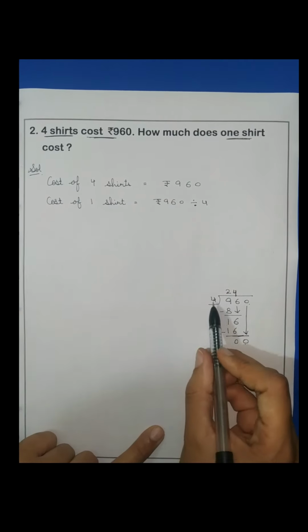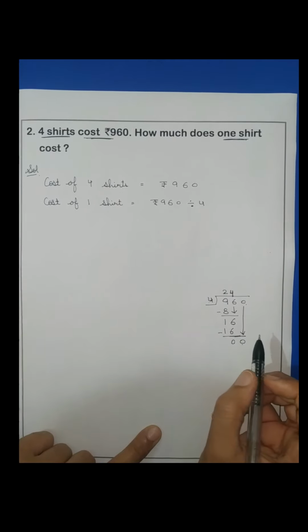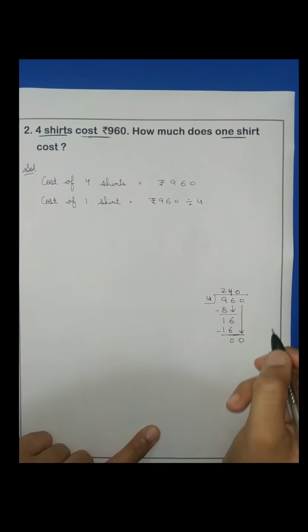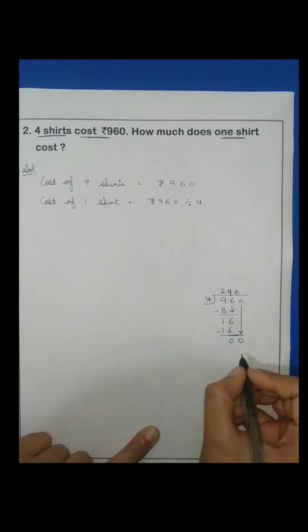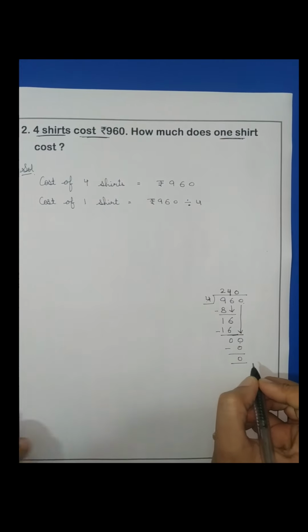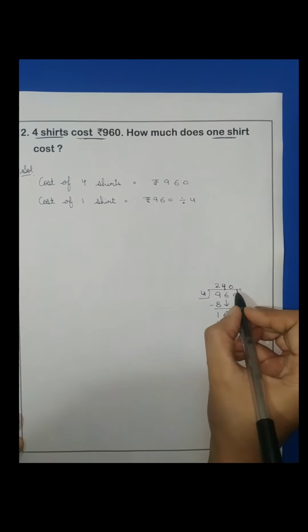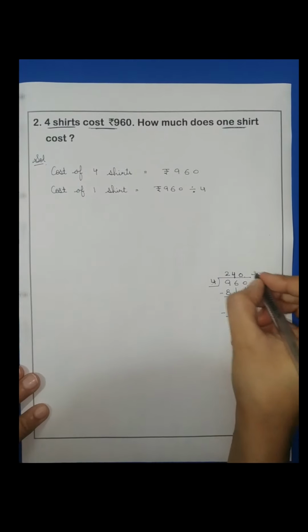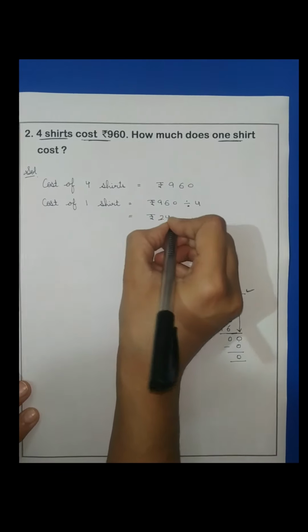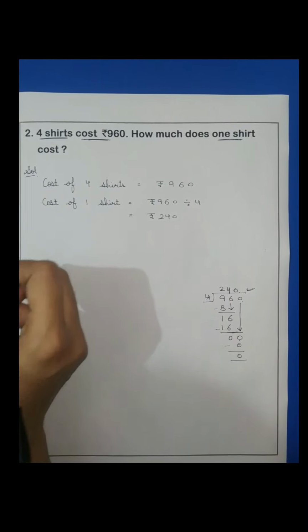0 divided by 4. As you know that when we divide 0 by any number, we get 0 as a quotient, and 4 zeros are 0. 0 minus 0, 0. So 0 as a remainder, 240 is a quotient, so rupees 240 is our answer also.